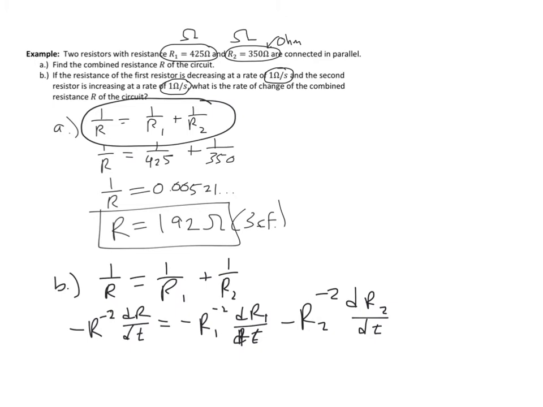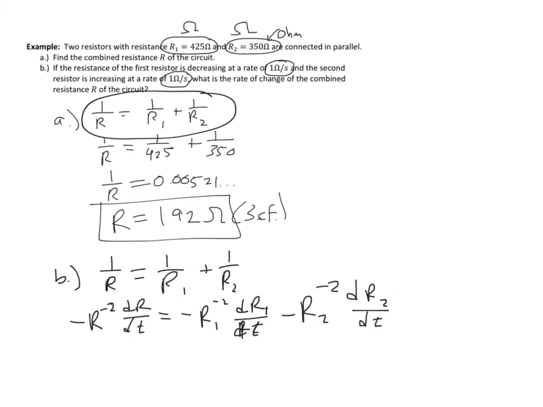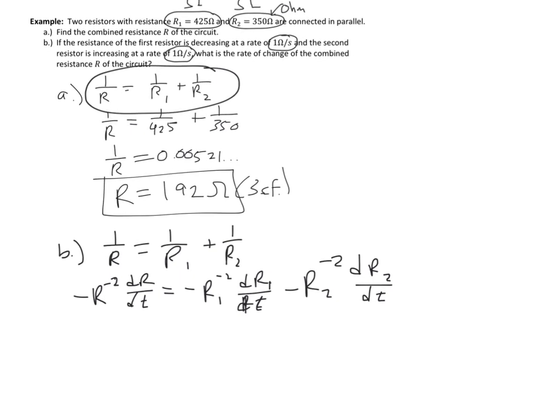And now that I have this, I can plug in the values that I have. Now remember, what's it asking for? It's asking for the rate of change of the combined resistance. In this formula, where do you see the rate of change of the combined resistance? It's this right here. All the rest of this is stuff that I'm going to need to plug in.